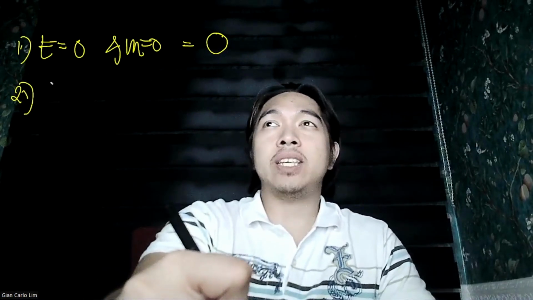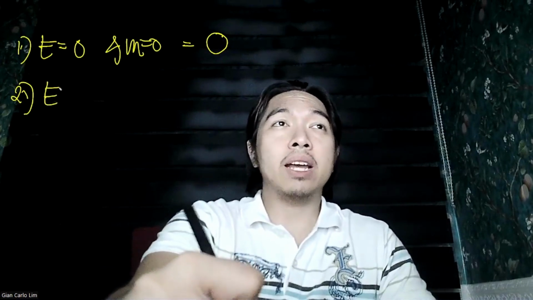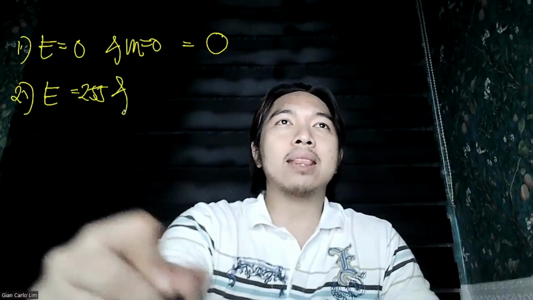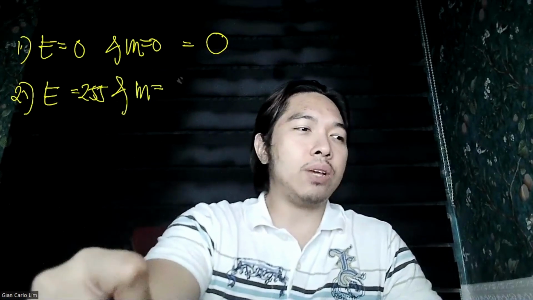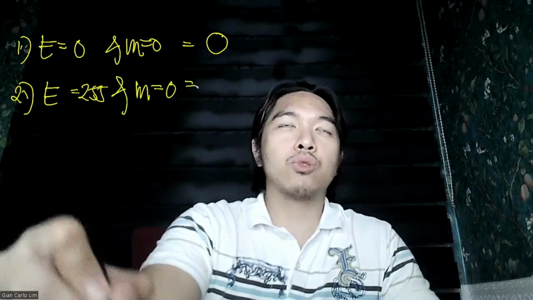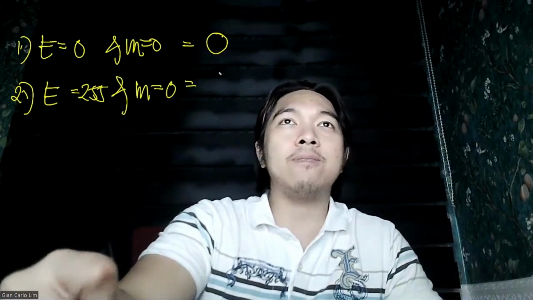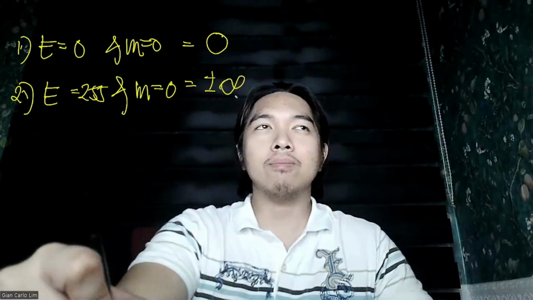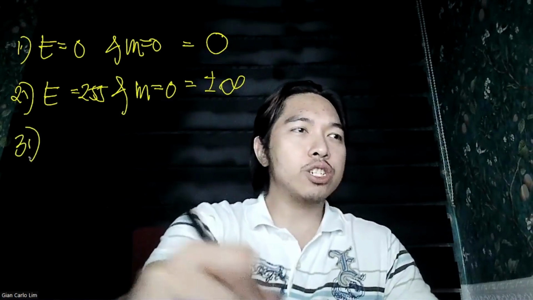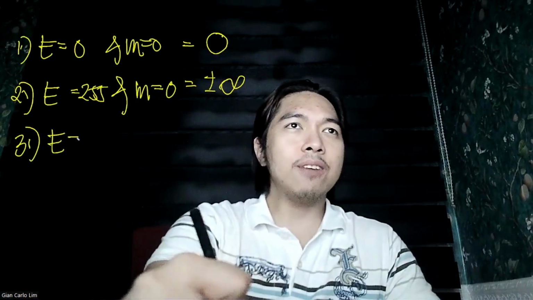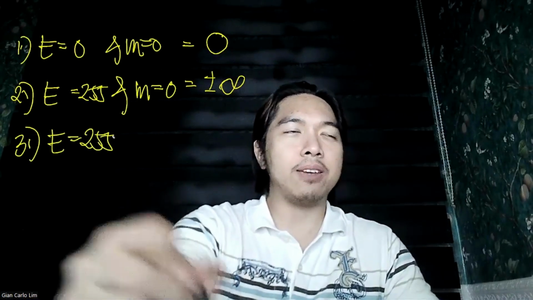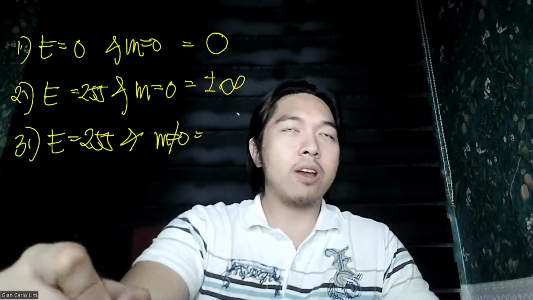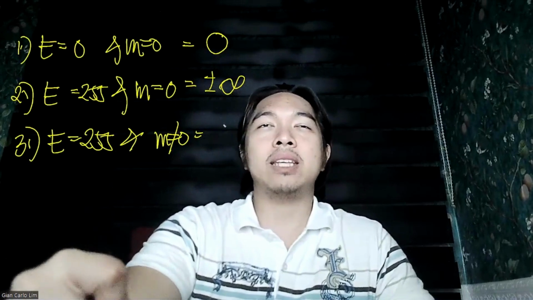Second condition, pag ang exponent natin ay equal sa 255 at ang mantisa natin ay equal sa 0. Therefore, ang value natin ay infinity. So, positive or negative infinity. And then for the third condition, if the exponent is 255 and hindi 0 ang m natin, therefore, the number is non-existent.